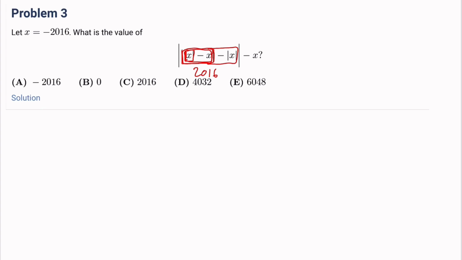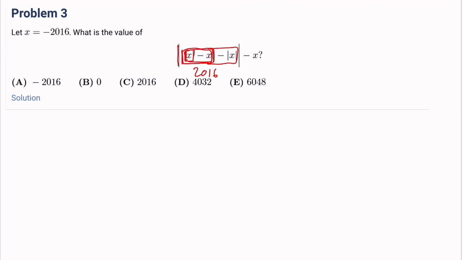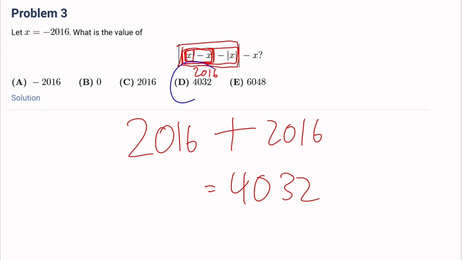And so now we have the absolute value of that, which is 2016. And now what we have to do is 2016 minus x, right? And so that's 2016 minus negative 2016 equals 2016 plus 2016, right? So this equals 4032. The answer is D.